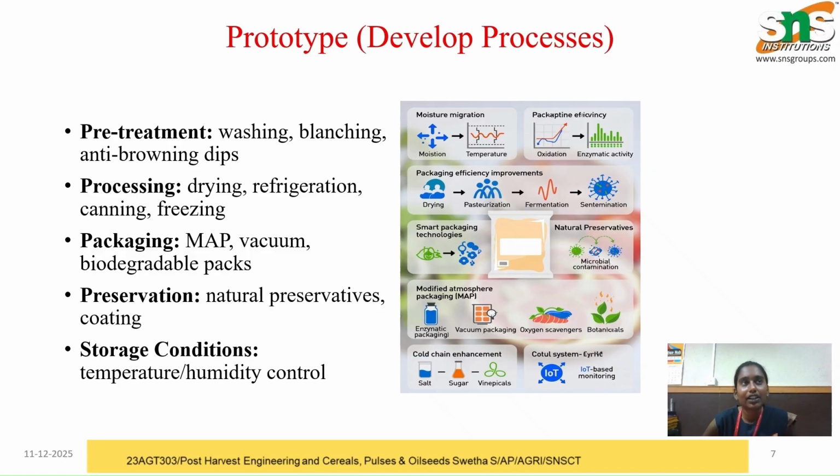For example, cocoa can be used as a moisture absorber. Various coatings like biodegradable and edible coatings are also there. Storage conditions, temperature, and humidity control play a vital role among the factors which affect the shelf life of food.